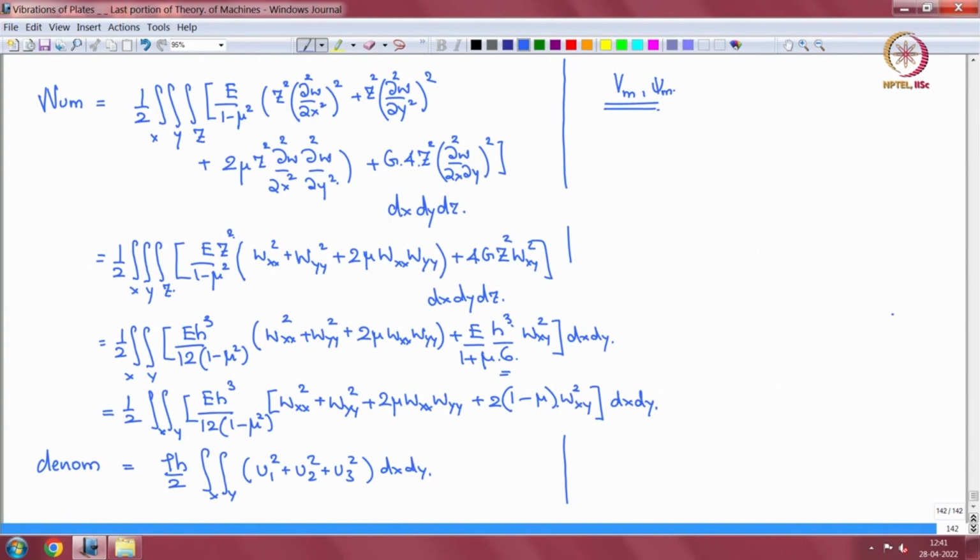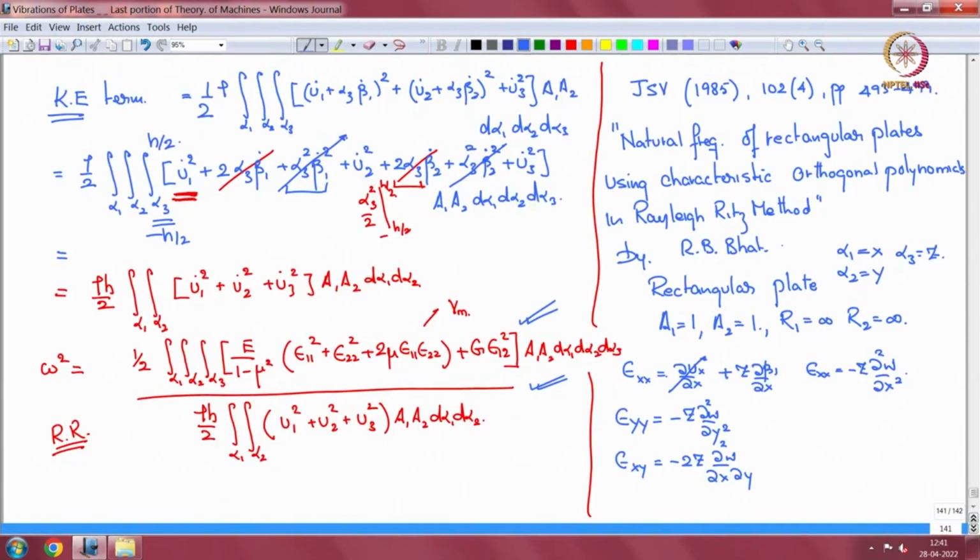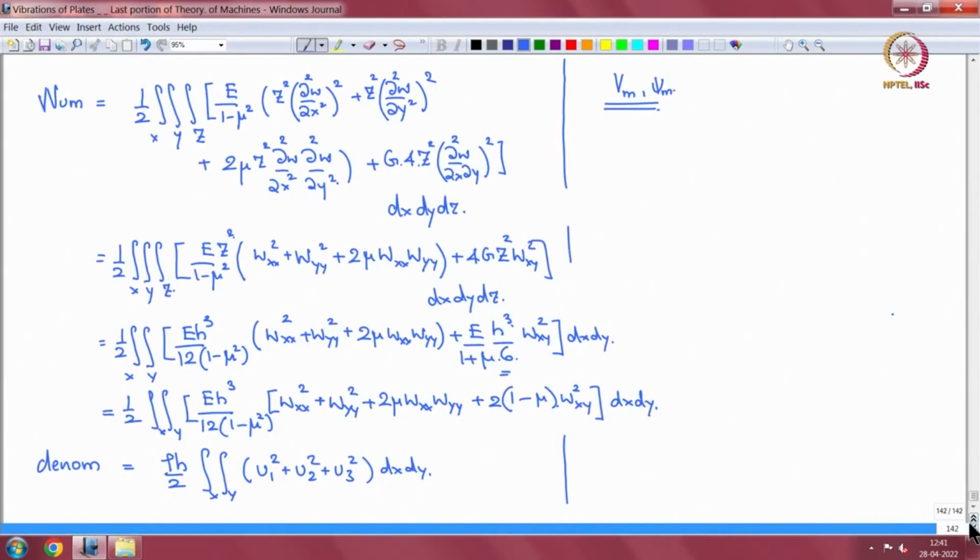Now in the paper that I mentioned, there is a non-dimensionalization the author does, which is here.